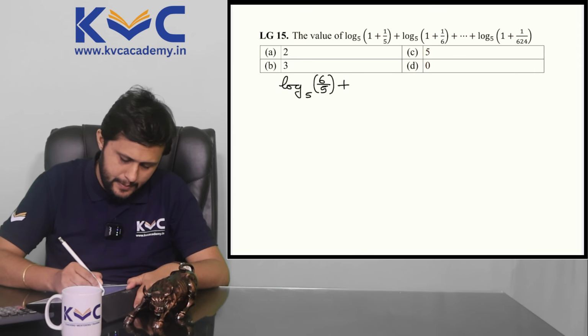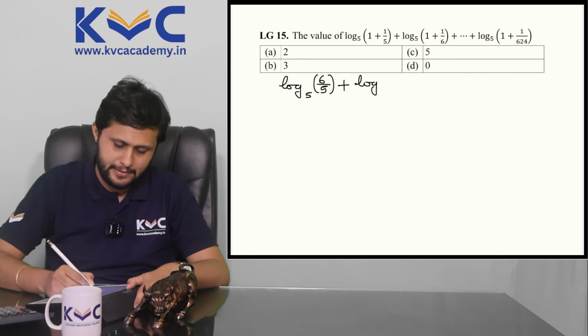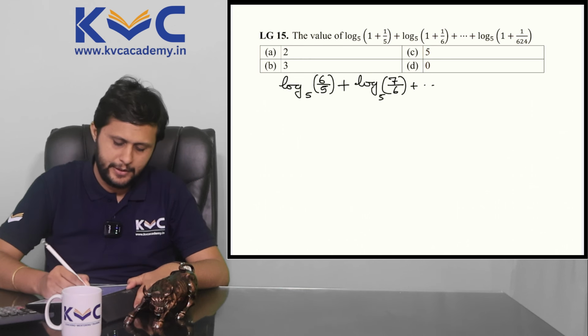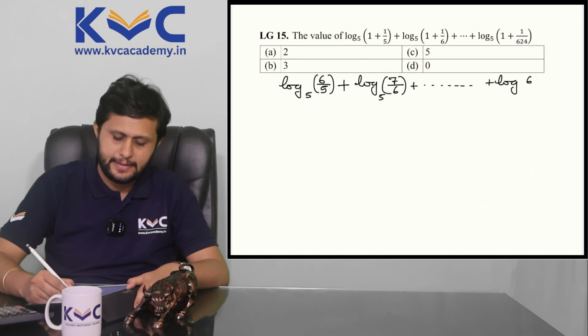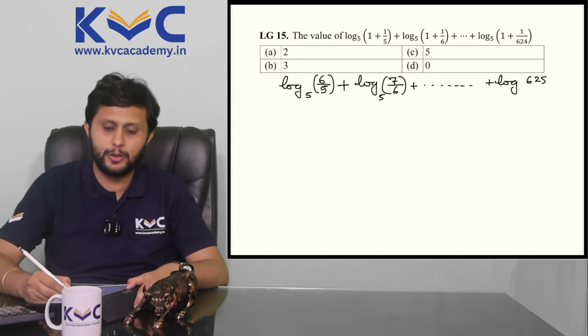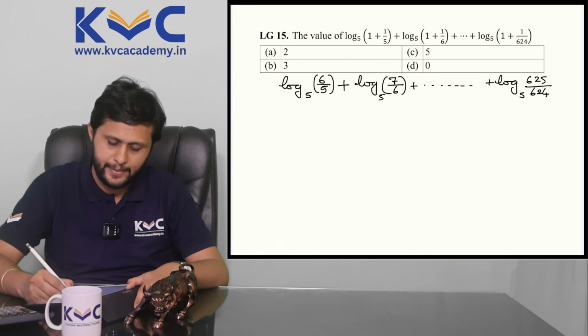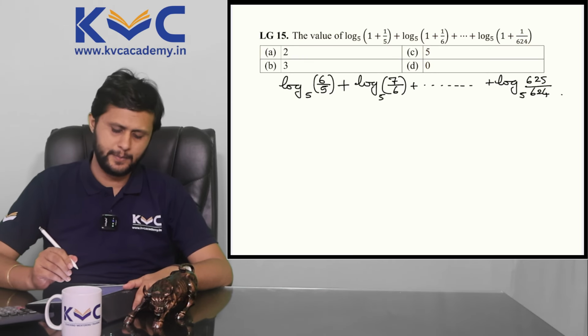Base 5 plus log of (1 plus 1 by 6), 7 by 6 to the base 5. It goes on up till log of 624 plus 1, 625 divided by 624 to the base 5. Correct, middle terms are not there. It's okay. Does not matter.